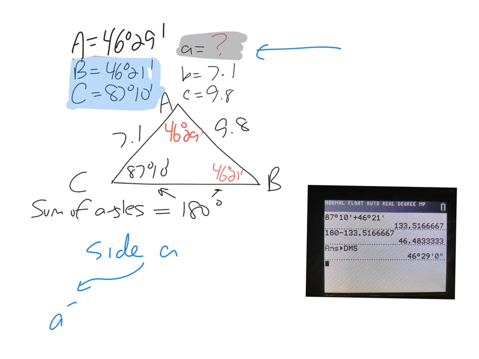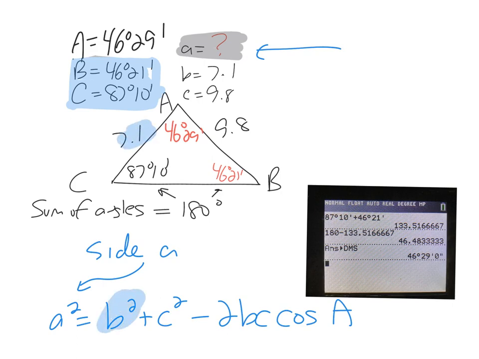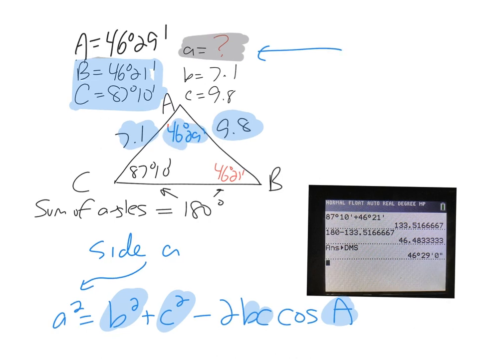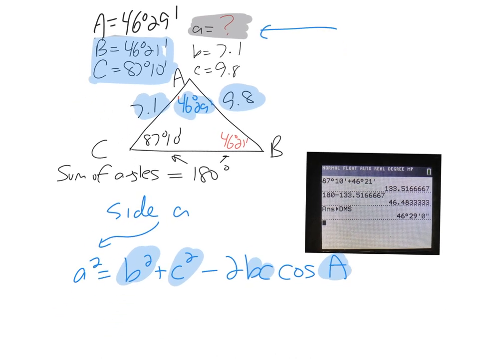I'm going to write A squared equals B squared plus C squared minus 2BC times the cosine of angle A. And I have all of these different parts. I have side B, I have side C, and I solved for angle A, so I'm just going to plug in those values into this equation.